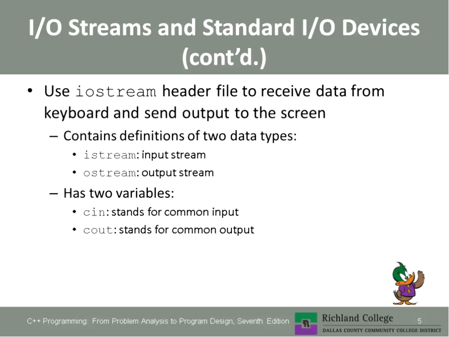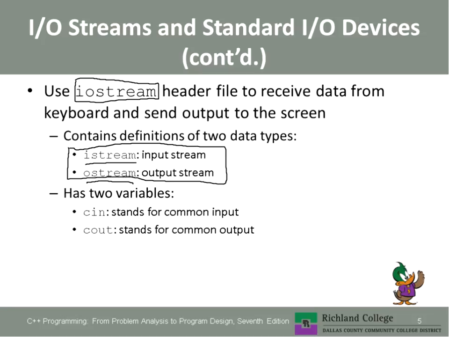So far, every time we deal with input and output streams, we looked at the iostream header file. Now, iostream is a combination of processing input and output streams. Here, the data type is either istream or ostream.